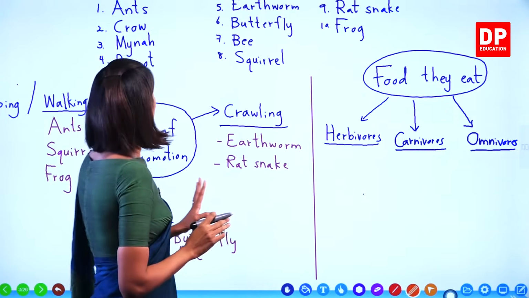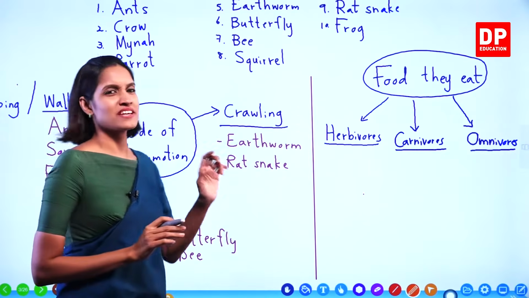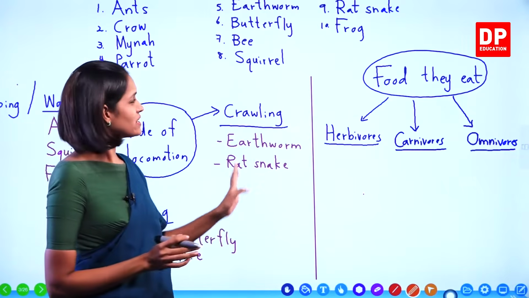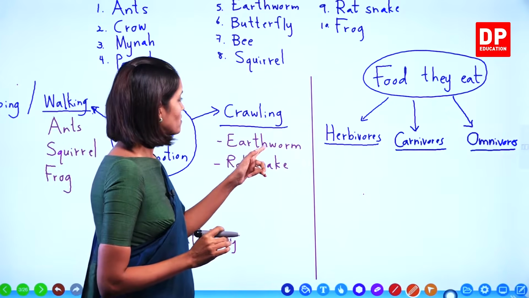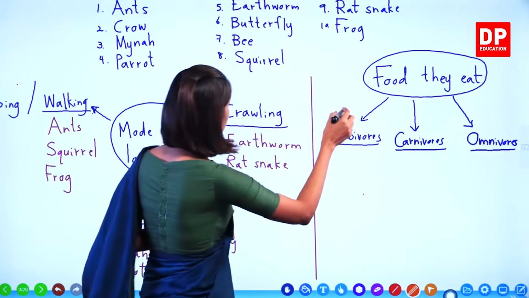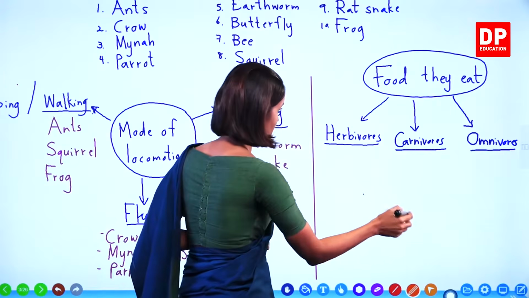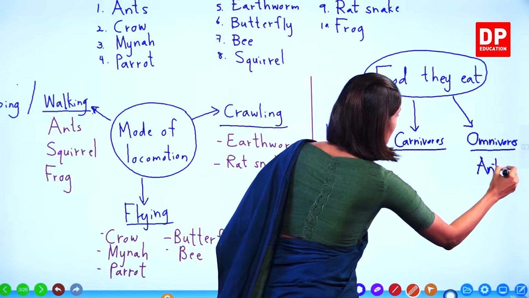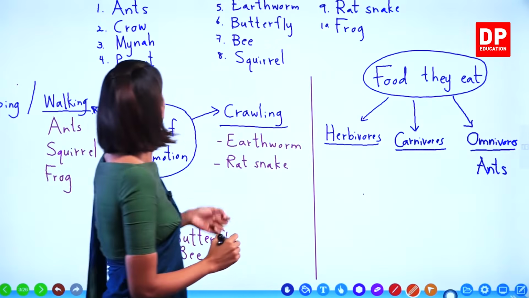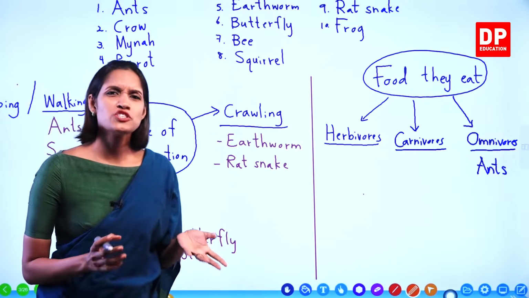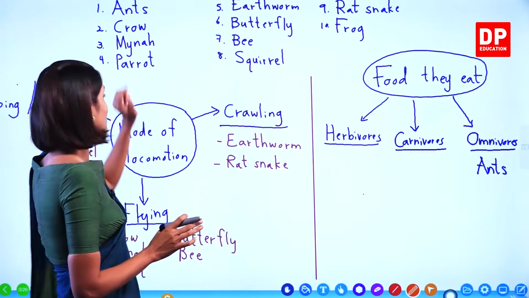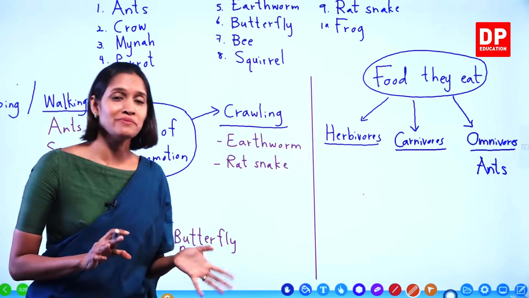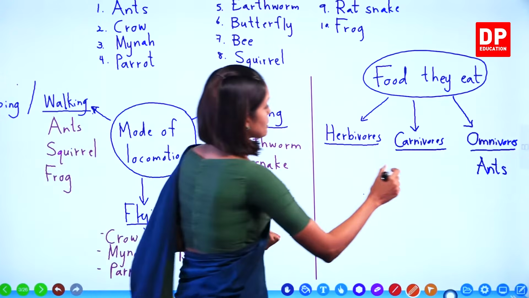Okay, we start from ants. You must have seen ants feed on both plant and animal matter, right? So we will write down ants under omnivores. Ants. And crow. Crow is also an omnivore. Even myna is also an omnivore, right? They feed on both plant and animal matter. Okay?